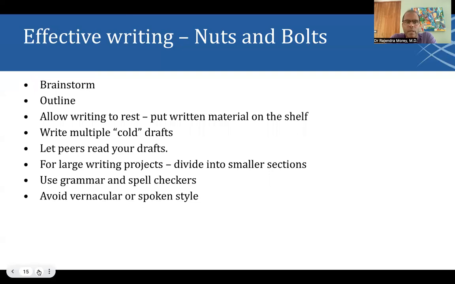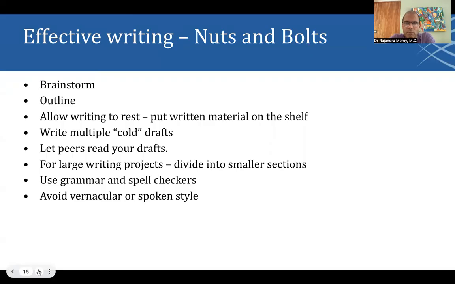Effective writing. Start by brainstorming and making an outline. This outline can develop into your manuscript as you flesh out each bullet point into a paragraph. It's important to allow your writing to rest: put the written material on the shelf, and then come back to it. You can also work with writing multiple cold drafts.